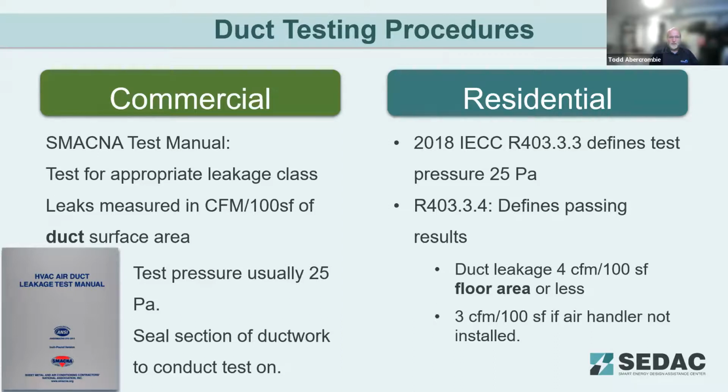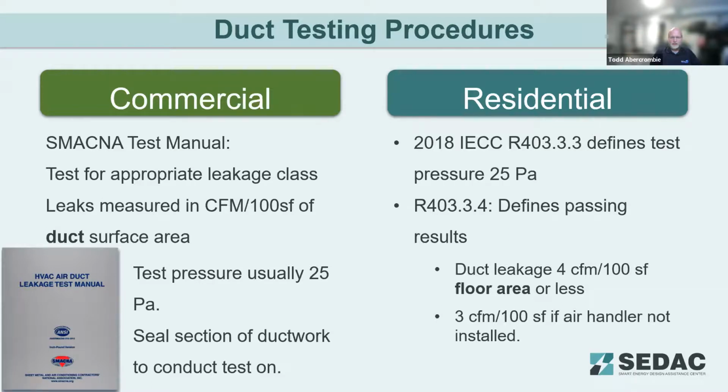On the residential side, the 2018 IECC defines test pressure again at 25 pascals. And your passing results again are based on floor area. So as you mentioned earlier, duct leakage is 4 CFM per 100 square foot of total floor area the system serves.